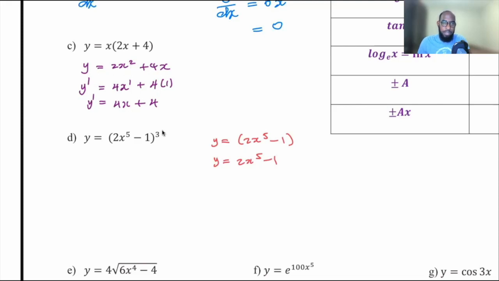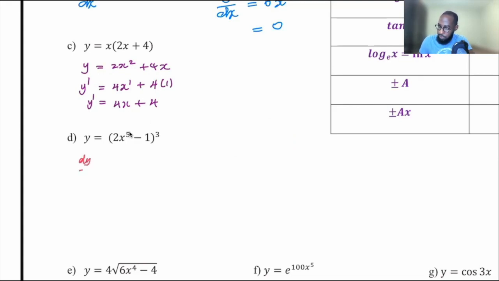But because you have this power 3, once the power is not 1, right? Because it could be -2, it could be 4, in this case it's 3, right? Once it's not 1, right? We are going to do this step, okay? Let me just erase this first.